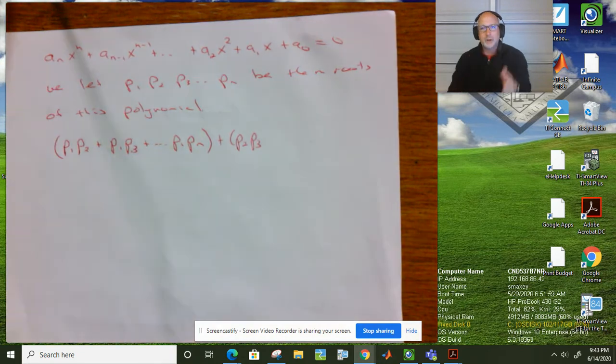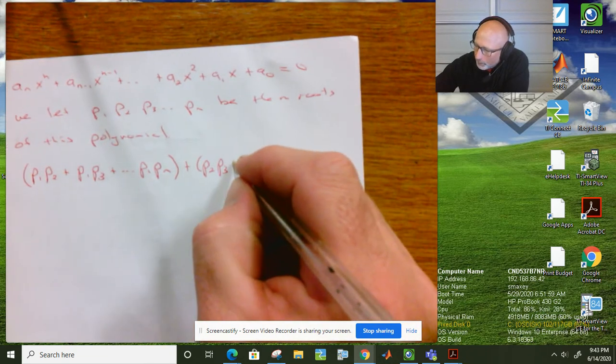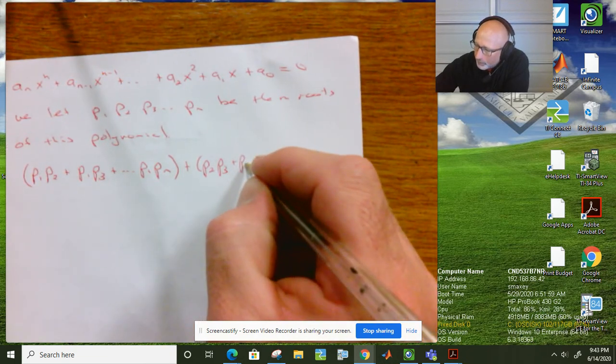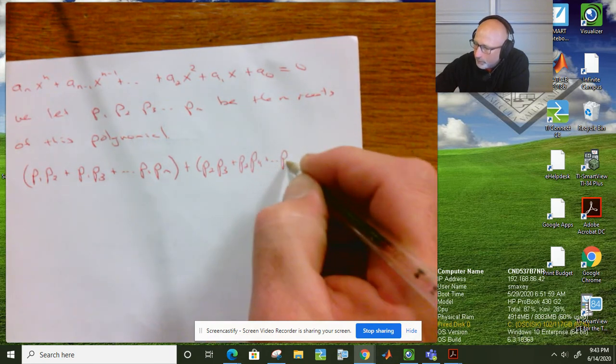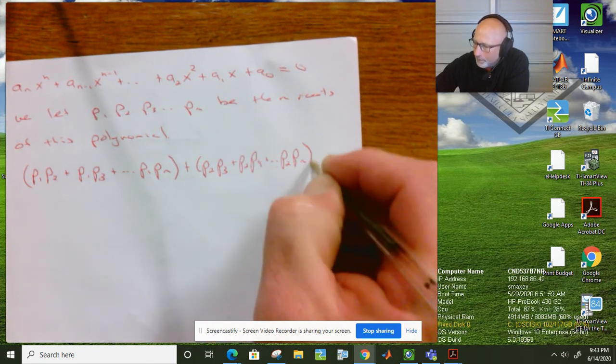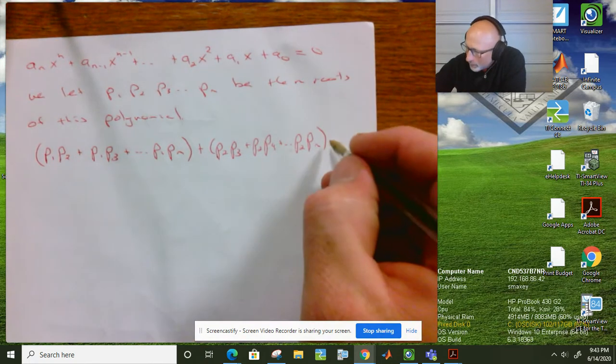Now instead of starting off at P1, I'm starting at P2 and going all the way up. So P2, P3 plus P2, P4 plus all the way up to P2, Pn. And you basically continue this pattern. So plus dot, dot, dot, plus.